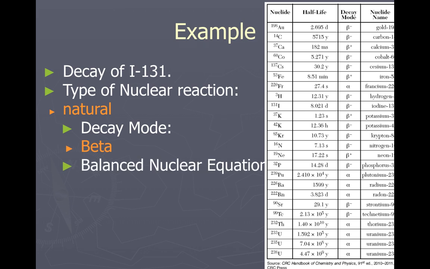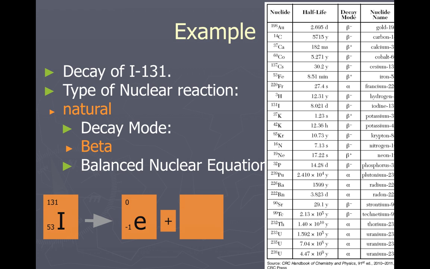So the balanced nuclear equation, well, we start with iodine 131. I can look up on the periodic table to find the atomic number is 53. The mass is given as 131. We don't use that average mass on the periodic table because we're given a specific isotope to study. We know that a beta particle will be created since it's beta decay. Now we have to figure out the missing piece.